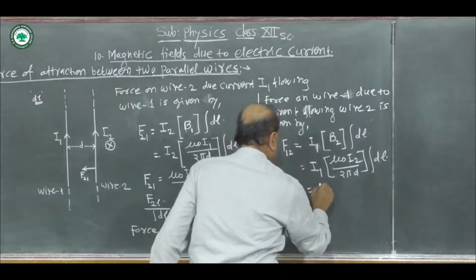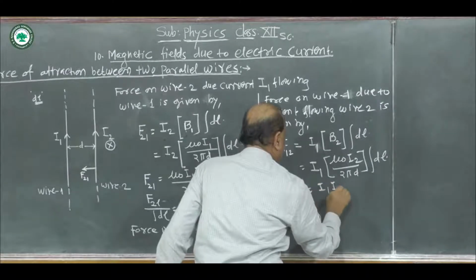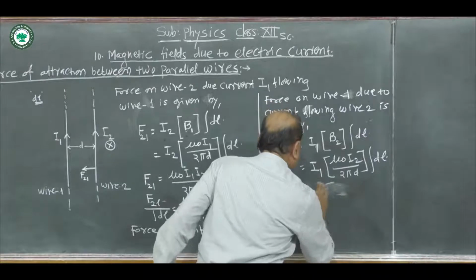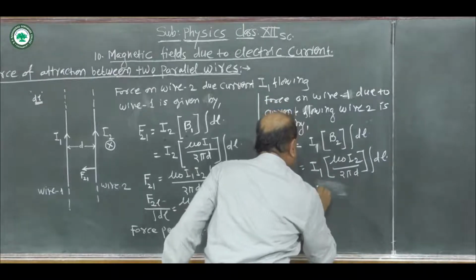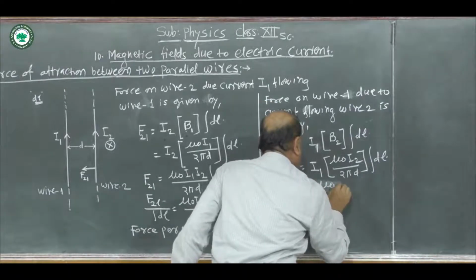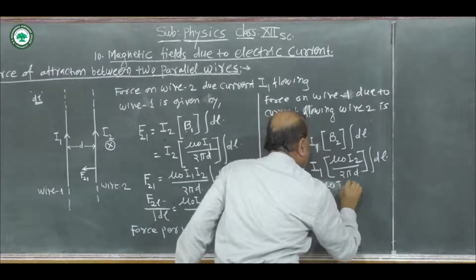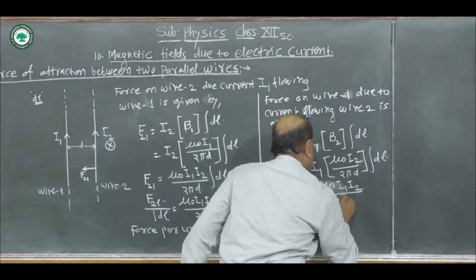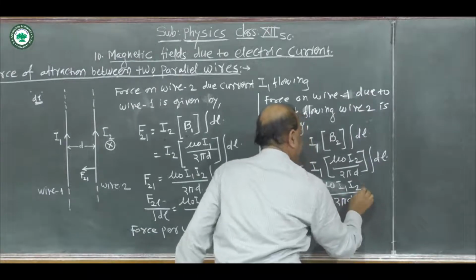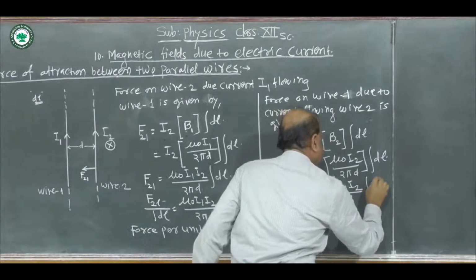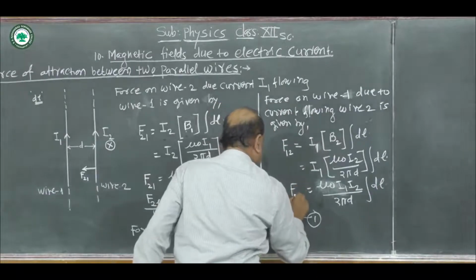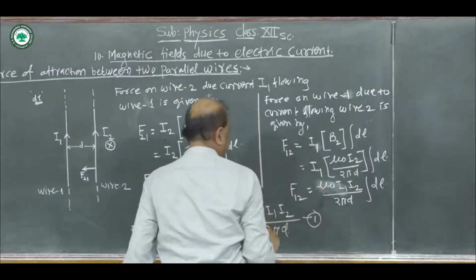That is equal to I1 I2. We write first the constant mu 0, then I1 I2 divided by 2 pi d, into the integration of dl. This is the force F12.